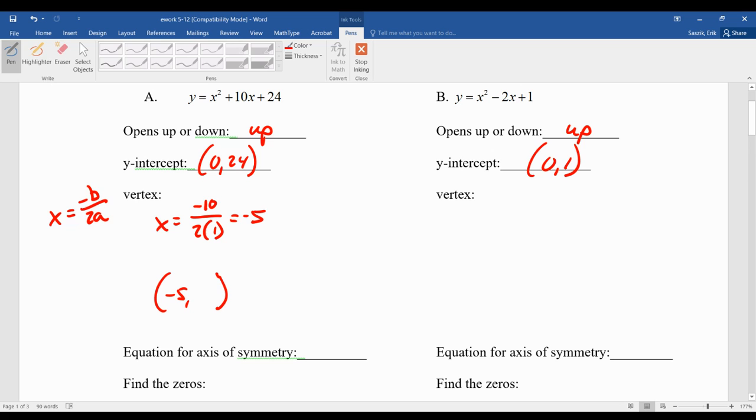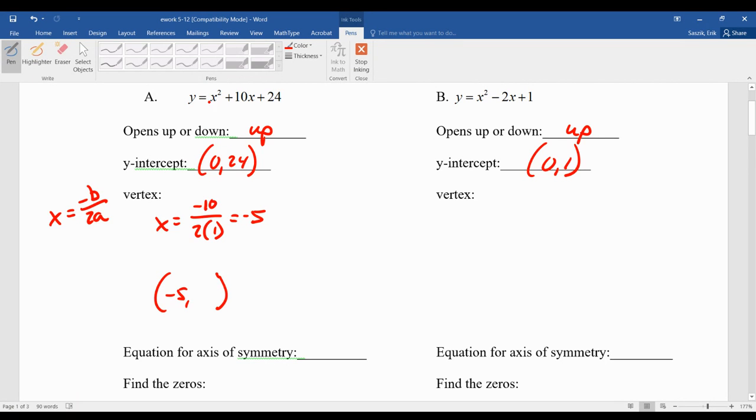Now, that y value, if you remember, you have to take this x value and plug it in to figure out what this comes out to. Okay? Now, I can do this in my head. You guys might want to use a calculator. It's up to you. If I have negative 5 and put that in here, negative 5 squared is 25. 10 times negative 5 is negative 50.